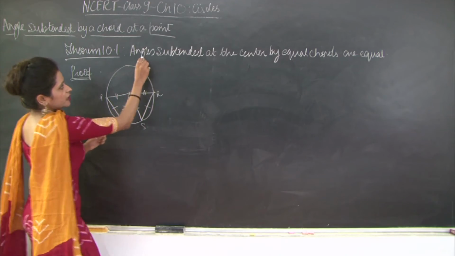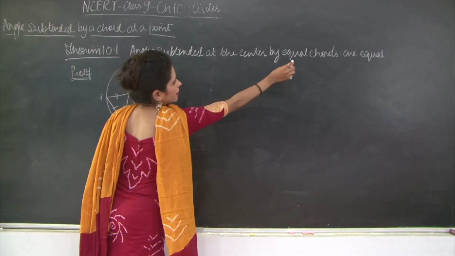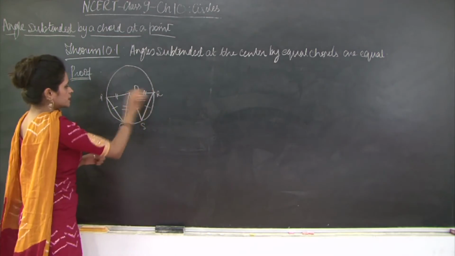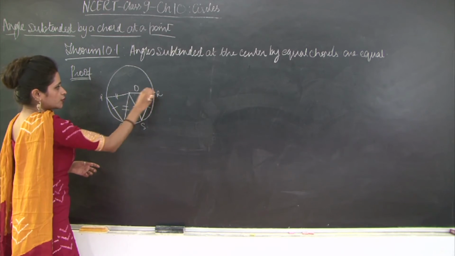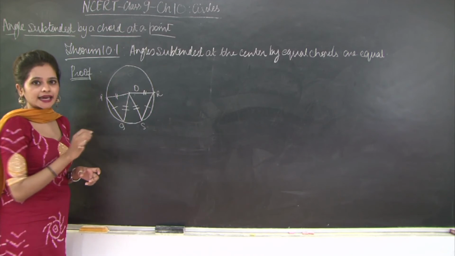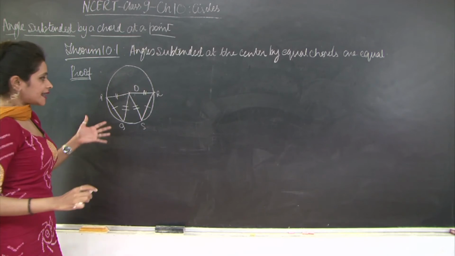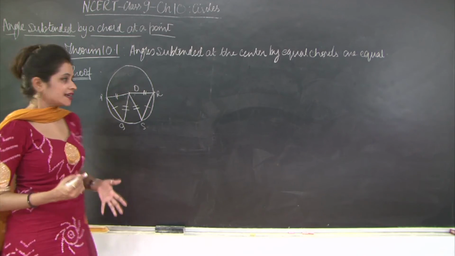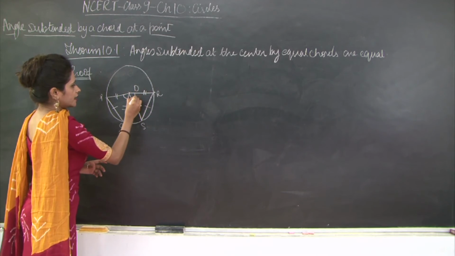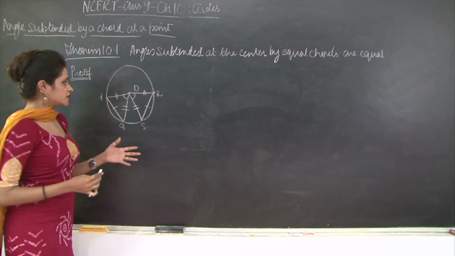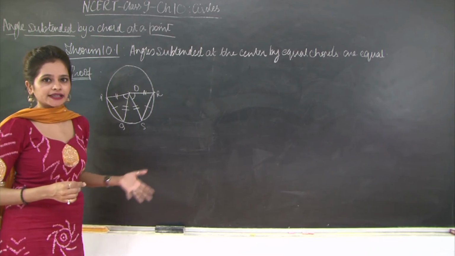It's already been given that angles are subtended at the center by equal chords. So equal chords means PQ is equal to RS. Therefore triangle POQ is congruent to triangle ROS by the SSS test of congruence, that is side side side test of congruence. Therefore what can I say? That angle POQ is equal to angle ROS by the corresponding parts of congruent triangles property.